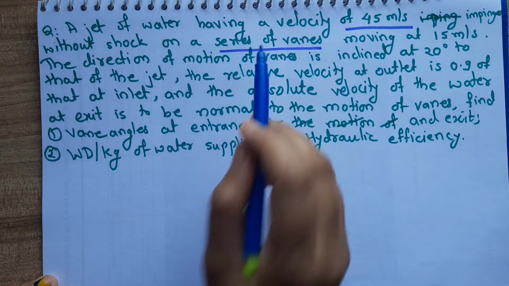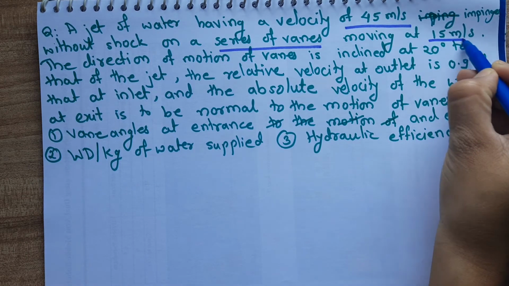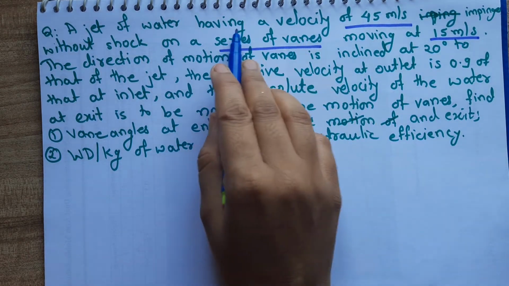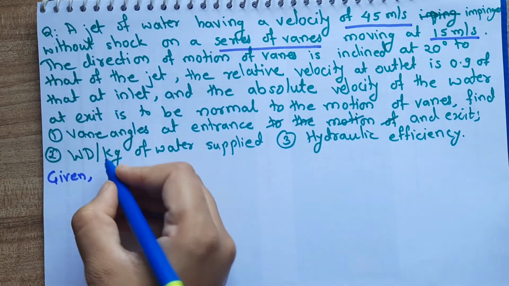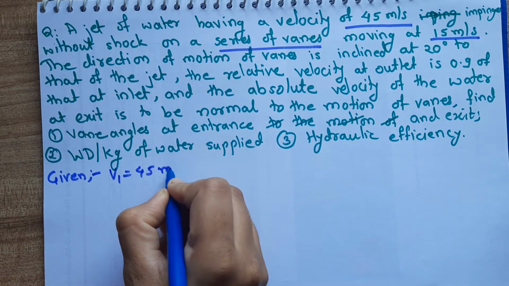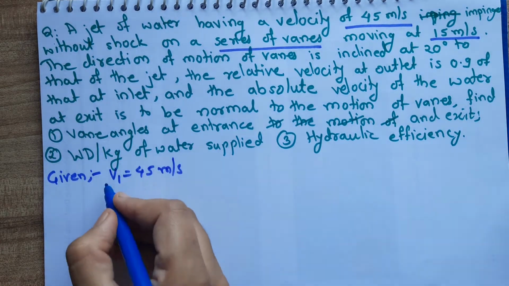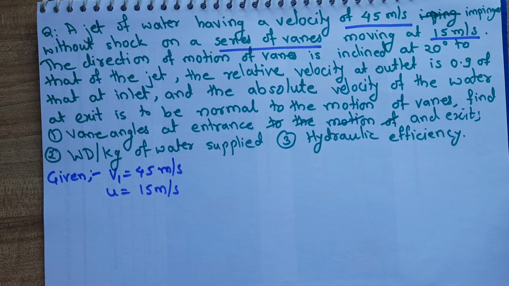Now here it is given that it is a series of vane moving at 15 meter per second. So from here we will come to know that given is V1 equal to 45 meter per second and U is given as 15 meter per second.